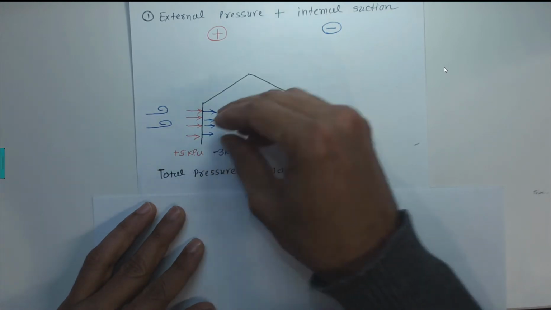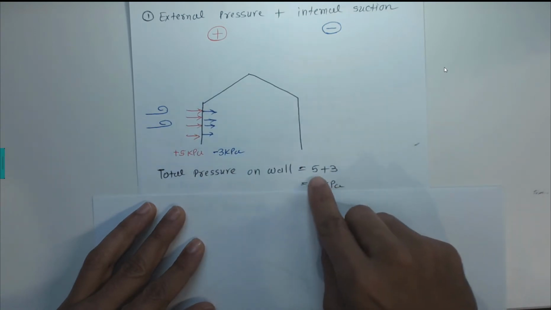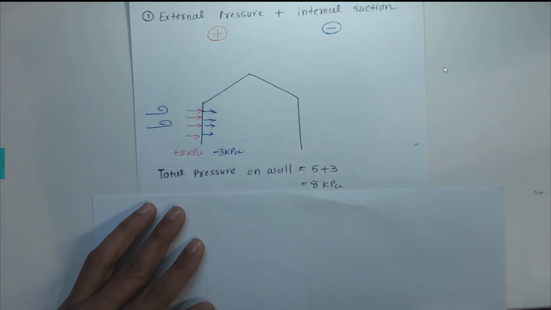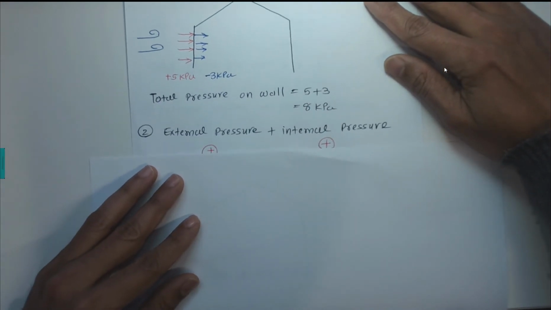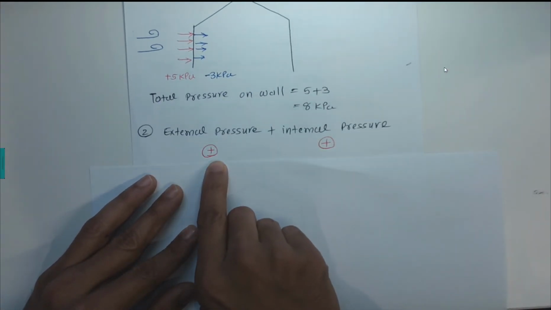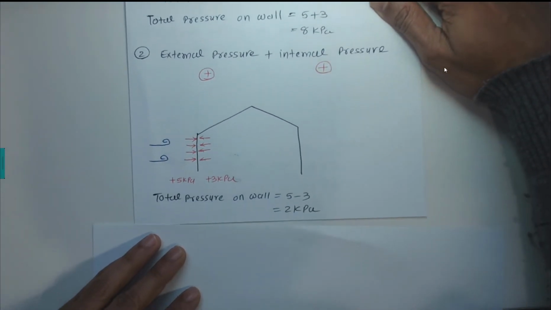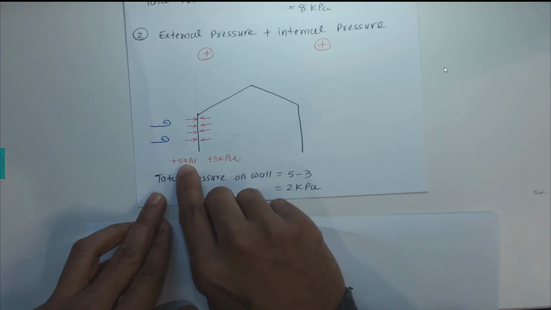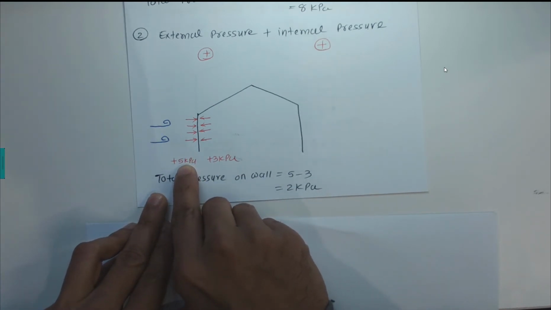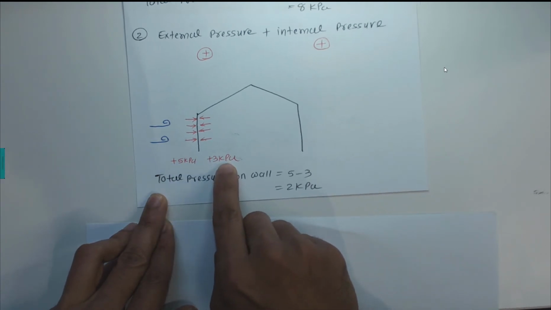So that's the concept of push and pull that comes into the picture to combine external and internal pressures. Now case number 2: the external pressure is positive and the internal pressure is positive. If I draw this in the picture, the external pressure is 5 kilopascals and the internal pressure is 3 kilopascals.